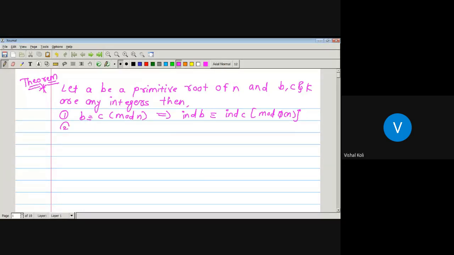Second one, index of b into c is congruent to index of b plus index of c modulo phi of n.